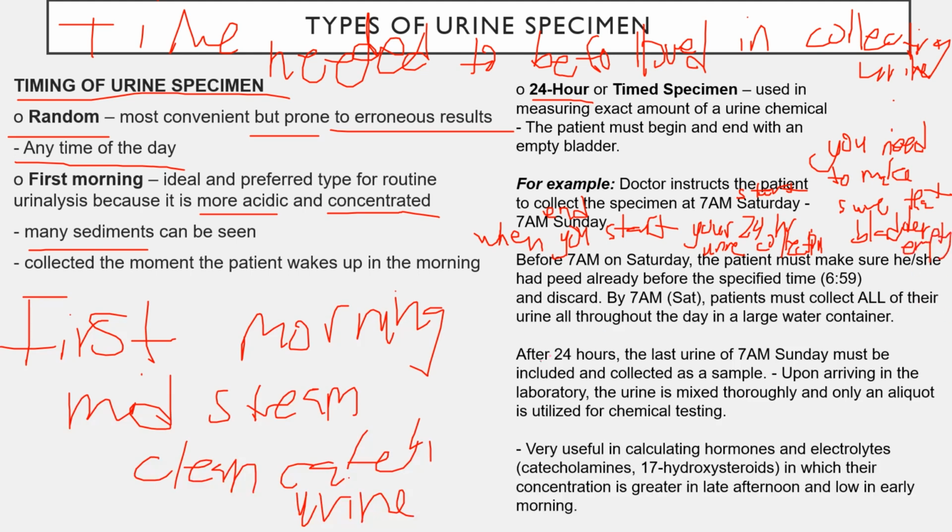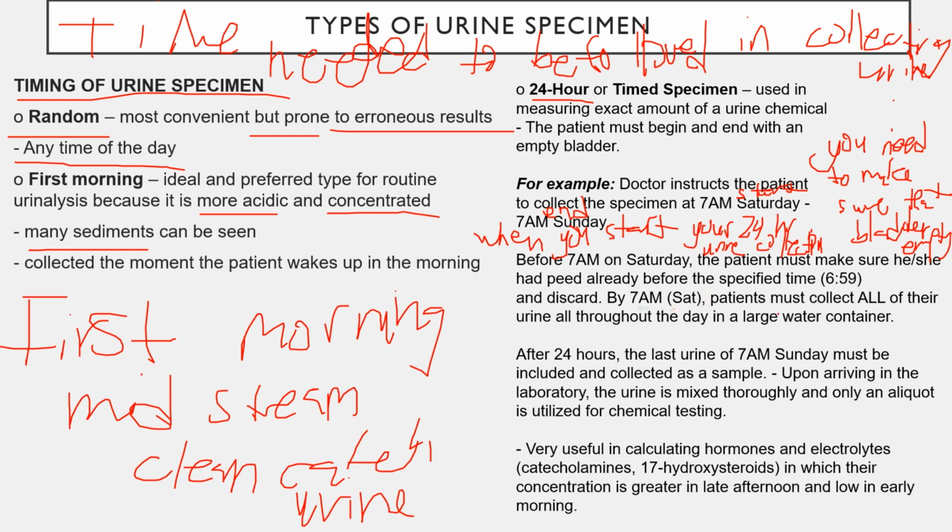Take note of that. So before starting your 24-hour collection, you need to make sure that you have an empty bladder. If you read the statement, before 7 a.m., the patient must make sure that he has already peed before the start. So it should be empty.